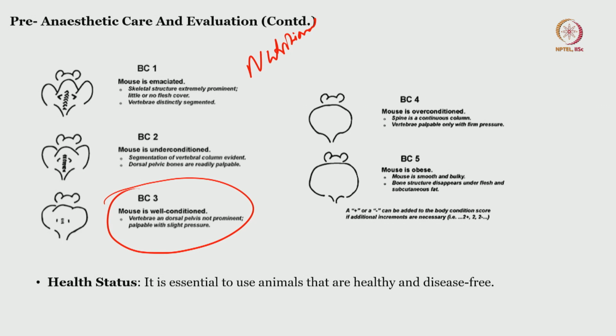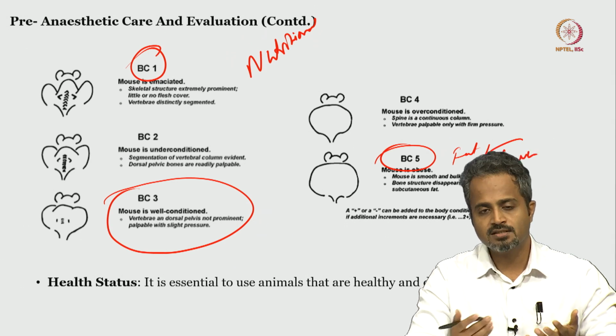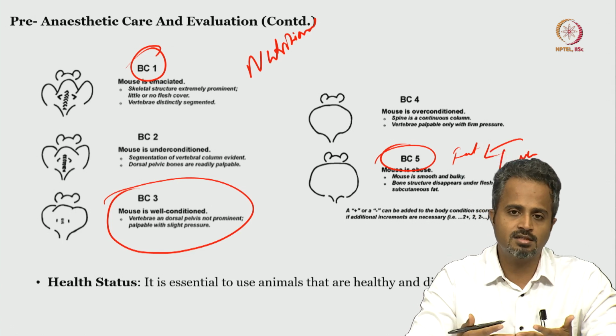If it is obese, that is also a problem; emaciated is also a problem. Obese rats will have a lot of fat, and that takes in a lot of these gaseous agents, which will stay in it and they recover slowly. Induction is slow, there are a lot of changes, and obese rats will also be difficult to handle surgically.